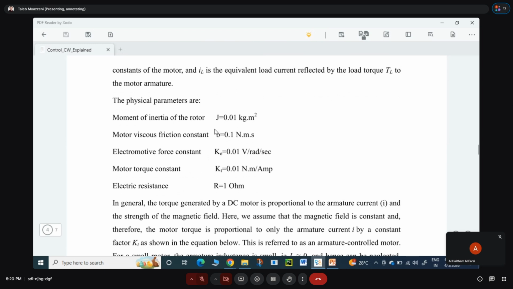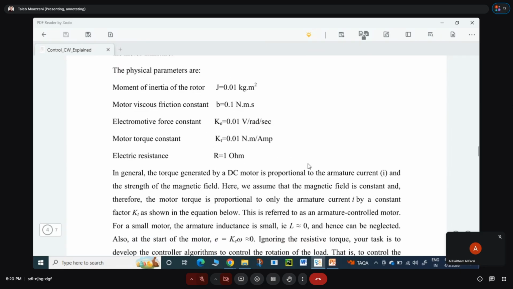So these are the numbers, you use them. J is the constant for the rotor. B is the friction constant for the motor, which is about viscosity, a mechanical property. Ke is the electromotive force constant for the motor. And then we have another motor constant, for torque.